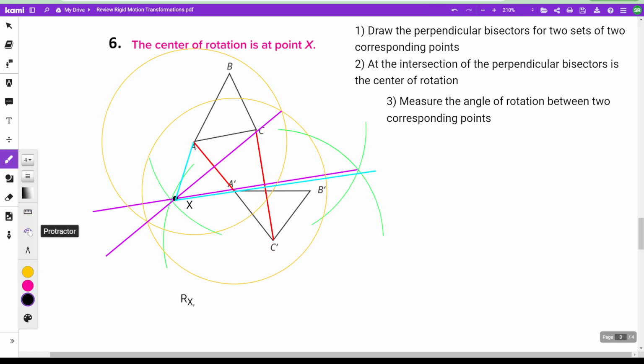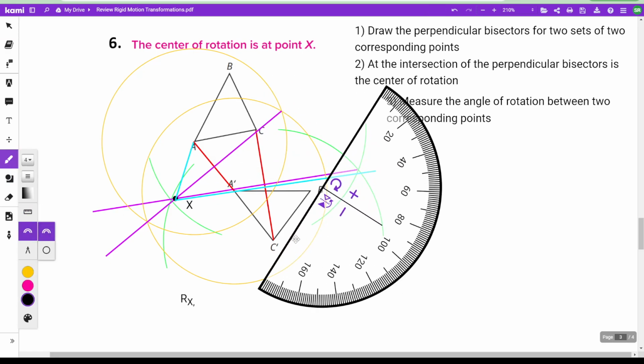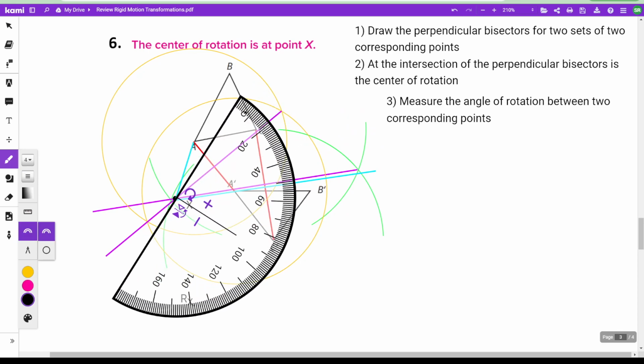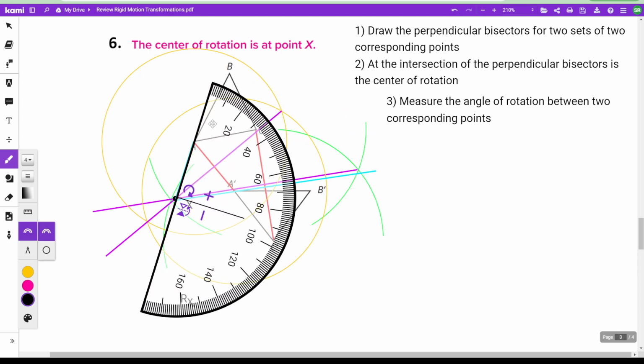So when I grab my protractor and place it at the center of rotation, I line up one of the baby blue lines with the 0 degree mark, which in this case would just be the edge of my protractor right there. And now I can see where the other line to A prime has been rotated.